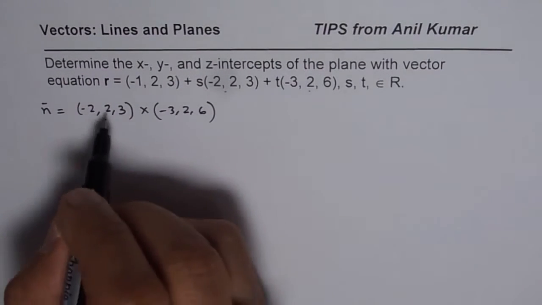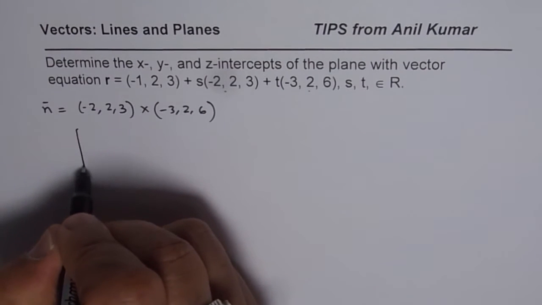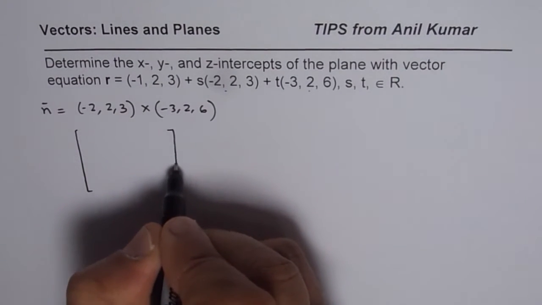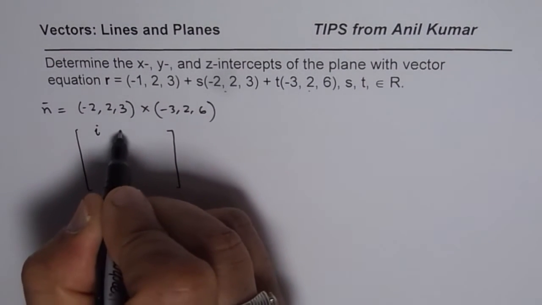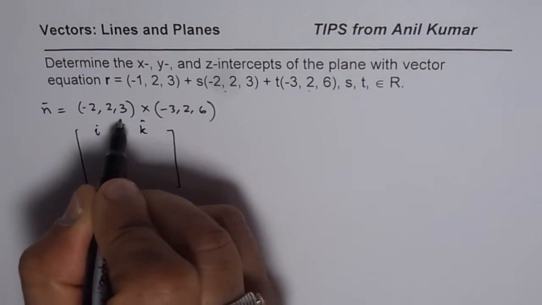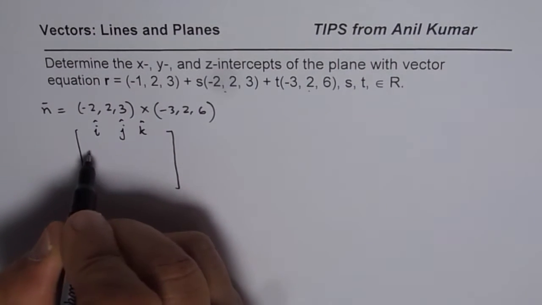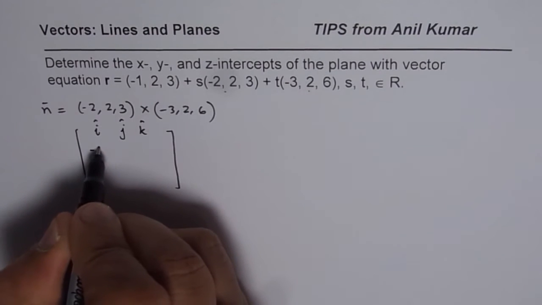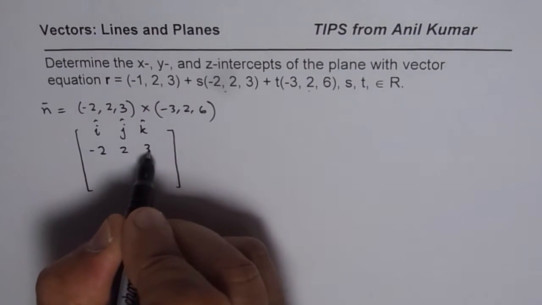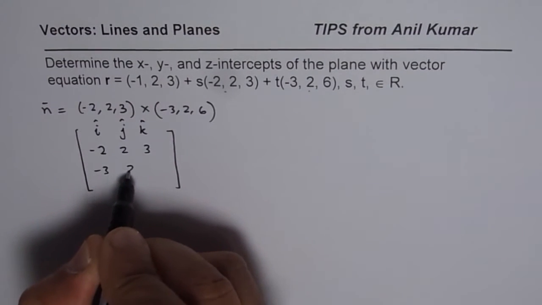There are different ways of doing the cross product. I prefer to use the matrix, so we'll follow the matrix, which is i, j, k. These are the unit vectors along x, y, z. Then the first vector is (-2, 2, 3), and the other one is (-3, 2, 6).